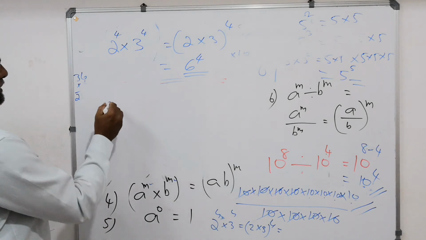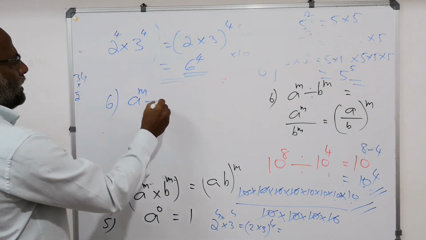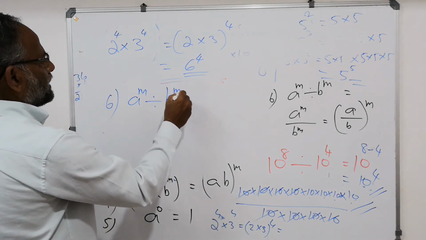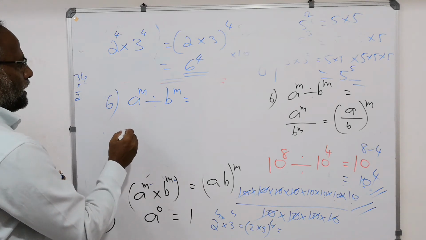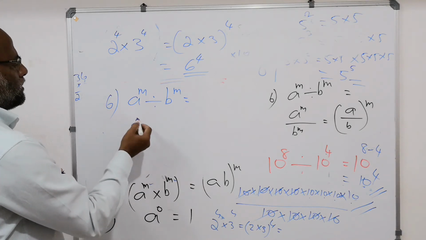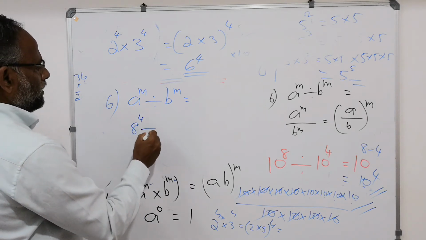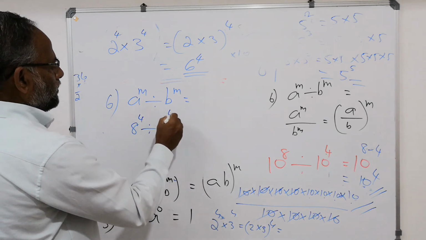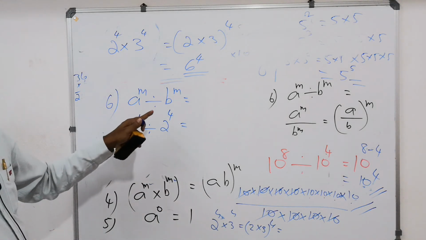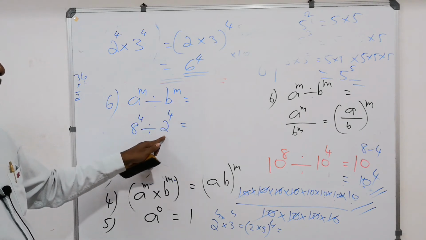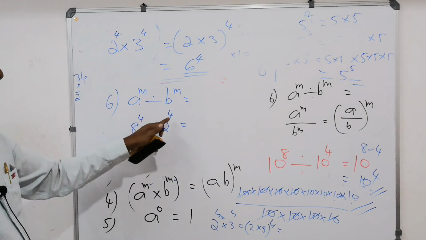Suppose a is 8, 8 to the power of 4 divided by 2 to the power of 4. So what is your A? A is 8. What is your B? B is 2. What is M? M is 4. M is not mango, 4, constant.